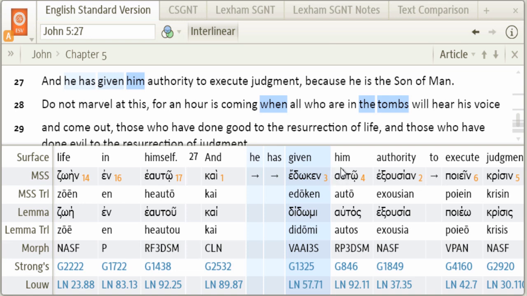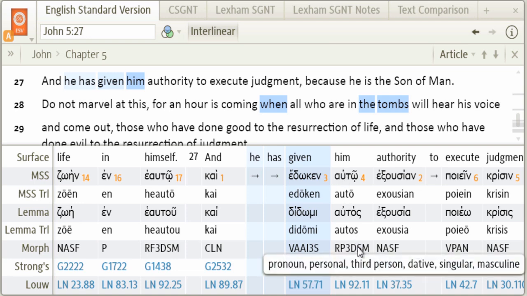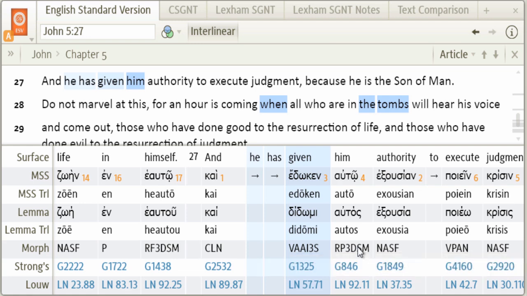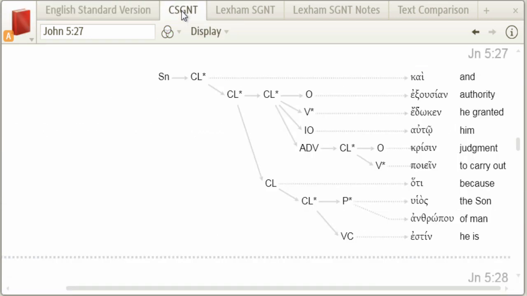Now we can go down here to the morphology line to look at the form of the word, that is, its part of speech and number and gender. But if we want to look at the function of the word, we want to look at a different resource, like the Cascadia syntax graphs. And this resource provides annotations for the functions of words within clauses and sentences.